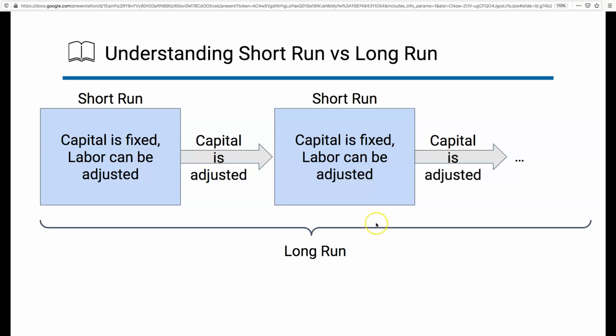So all these decisions are variable in the long run. But if you just opened a car factory, you're locking yourself into a particular short-run decision and you have to live with it for at least a while. That is the difference between the short run and the long run.